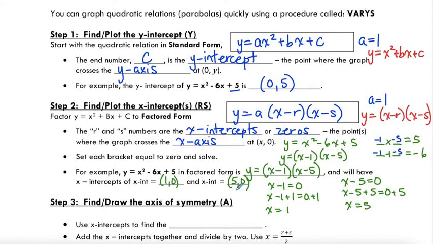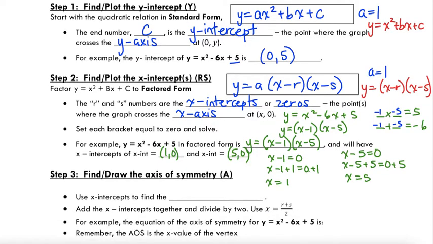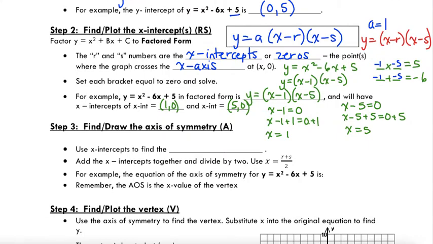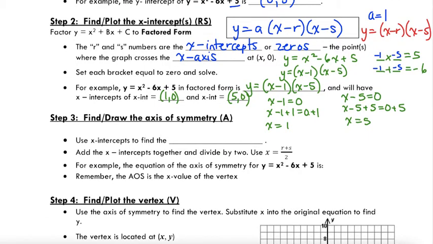Now we're going to find the a, which is the axis of symmetry. We know that the axis of symmetry goes directly through the middle of our parabola. So the great thing about finding your zeros or your x-intercepts is that it'll help you find that middle point of your parabola. So the zeros of your parabola are equal distance from the vertex.